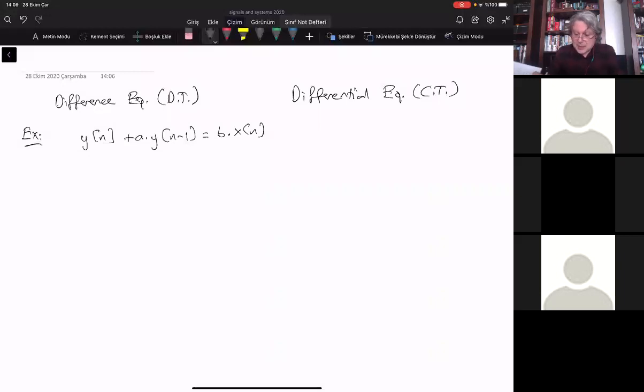But the other thing that we can also do is to make an implementation. We are going to implement this using delay elements. And the delay element notation is this. It's a box. It's a delay element. Therefore, if a signal comes in, like x of n, then the output is x of n minus 1.